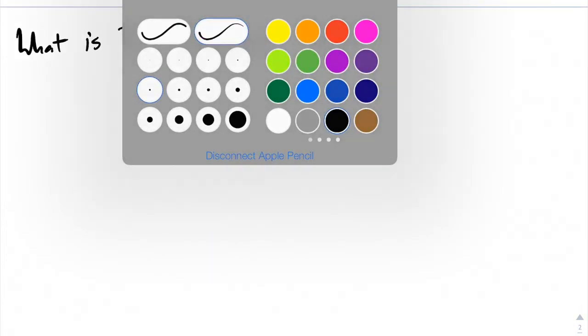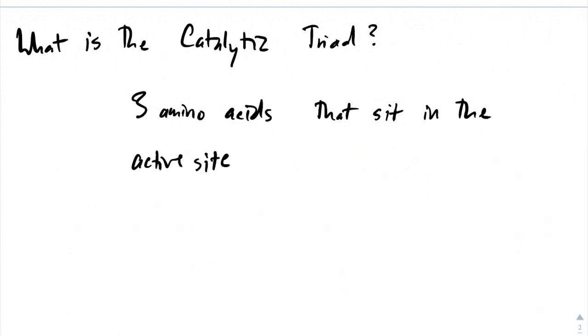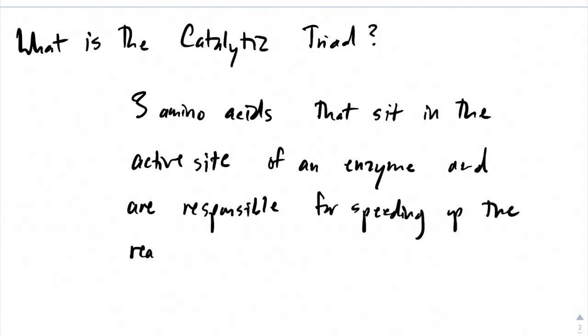Catalytic triad is basically 3 amino acids, hence the name triad, that sit in the active site of our enzyme and are responsible for speeding up the reaction.